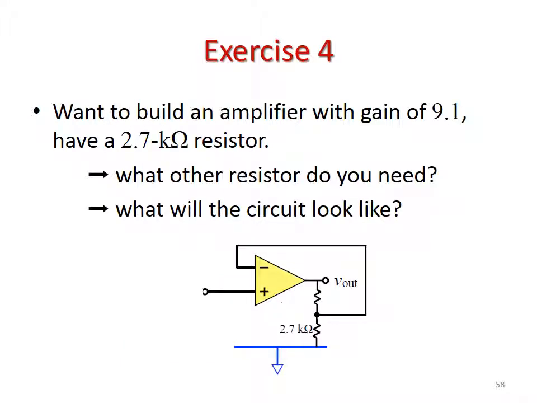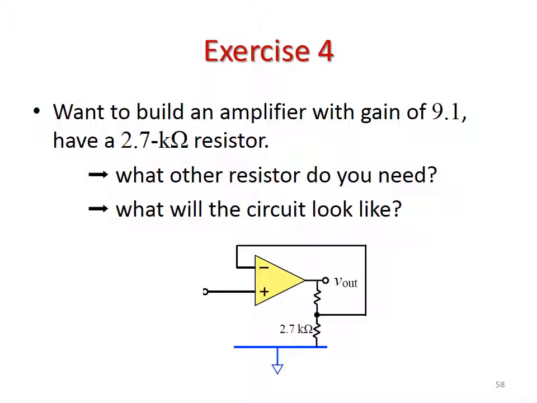In example 4 here, we want to build an amplifier with a gain of 9.1, and we have a 2.7 kilo ohm resistor. So what other resistor do we need, and what will the circuit look like? Try to draw it and calculate out what the other resistor is, and pause now so that you can do that, and then we'll restart in a minute.